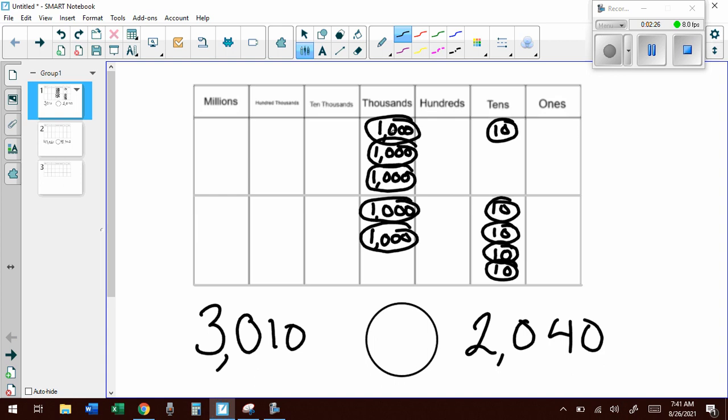So we start, and this one has 3 thousands, and this one only has 2. So the thousands are different. Here we have more thousands in 3010. So that means that 3010 is greater than 2040.